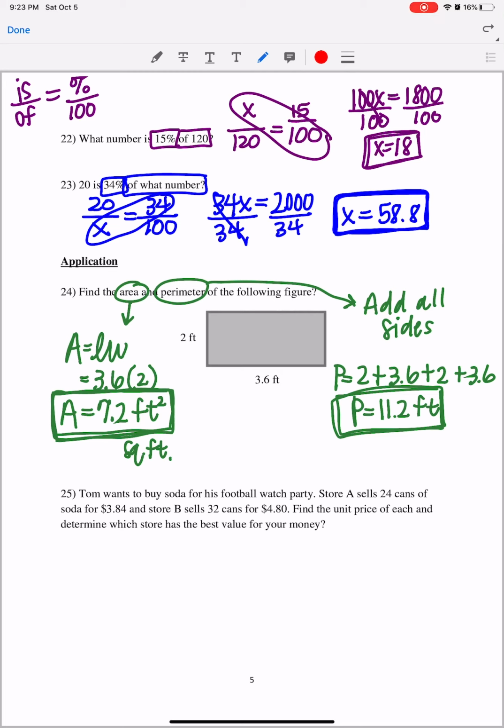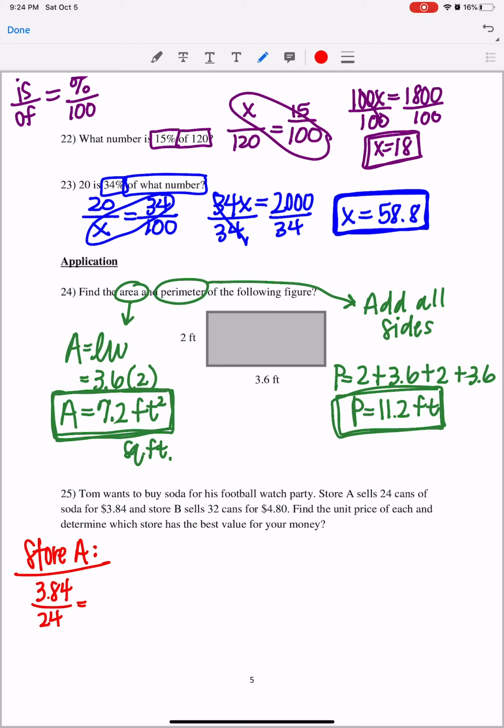Okay, so Store A, you can get 24 cans for $3.84. When you do this, you want to do this per can. So that means I'm doing 3.84 divided by 24.